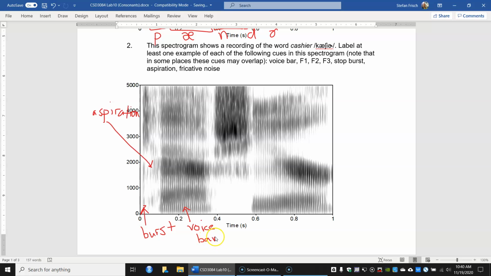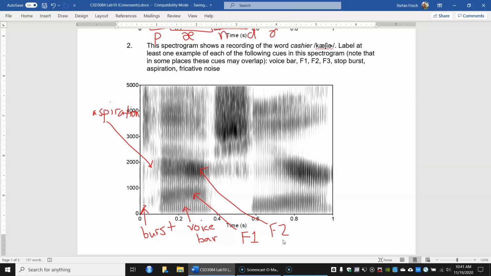So a voice bar down there with F1 there, and F2 above it. Little space in between F1 and F2, as we would expect for a front vowel.